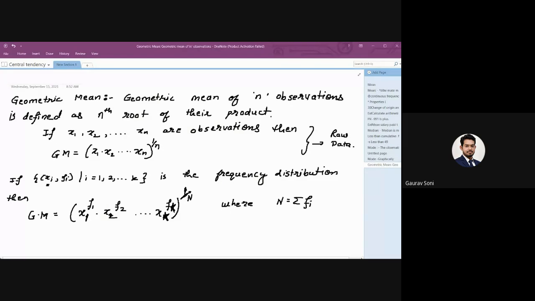So as you can see, if you are doing it manually, it is going to be very difficult. Even if you take 2 raised to 10 and 3 raised to 7 and this kind of thing, then it will become very difficult. Calculating such large numbers will make the job very tedious, and that's why we have another tool. What is the tool?